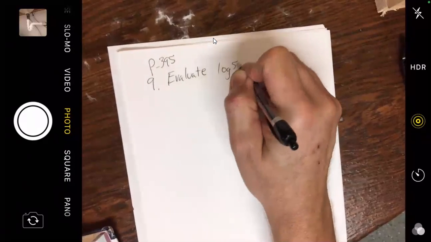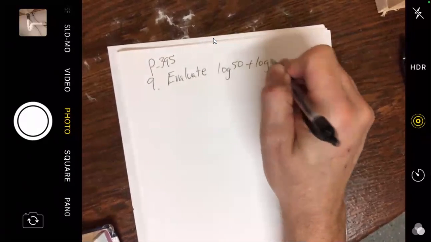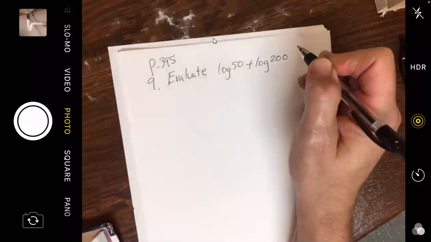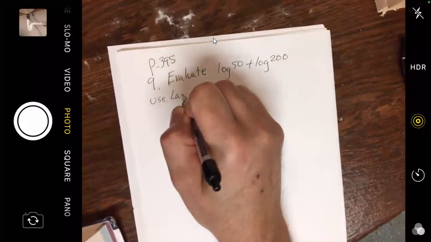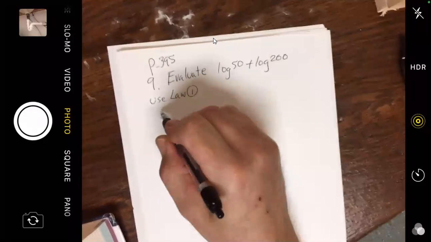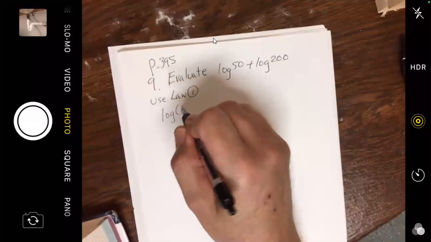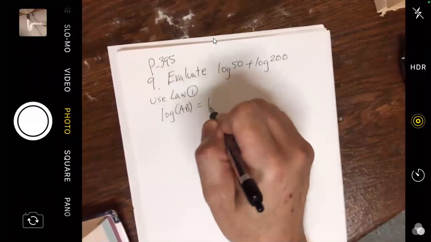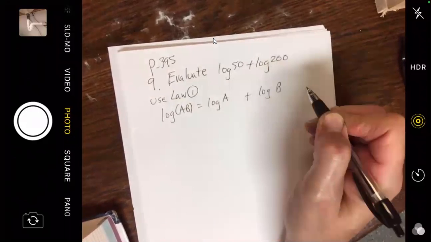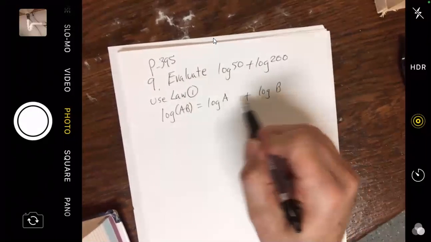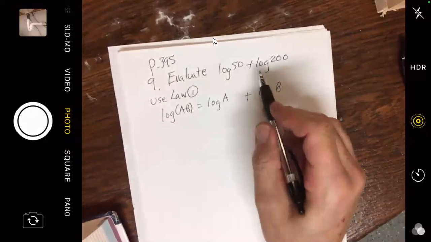Log of 50, add log of 200. All right, I'm going to use law 1. A log of AB is log of A plus a log of B. So you see what happens matching this side to this.